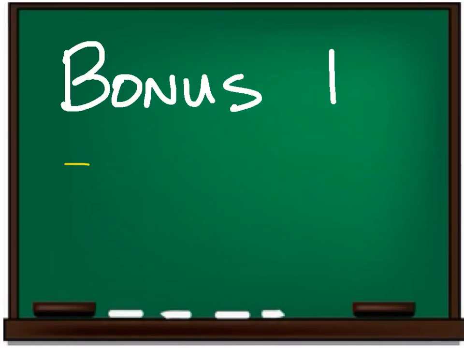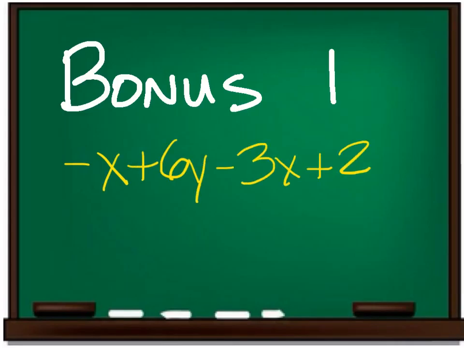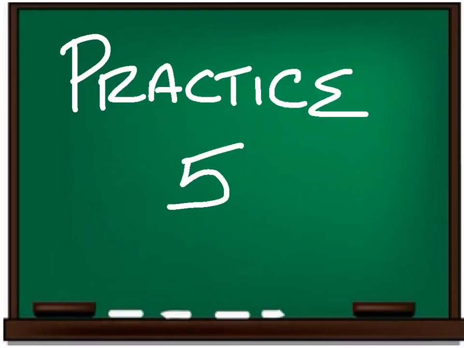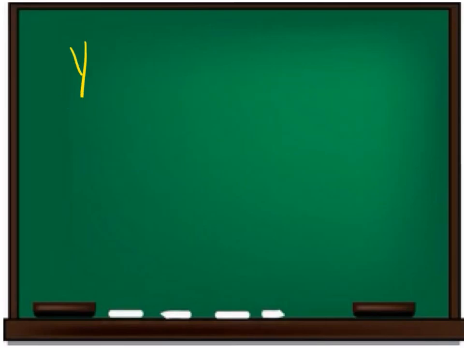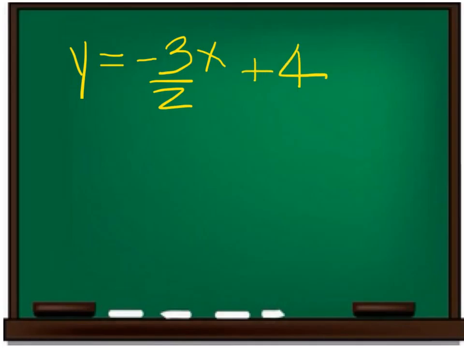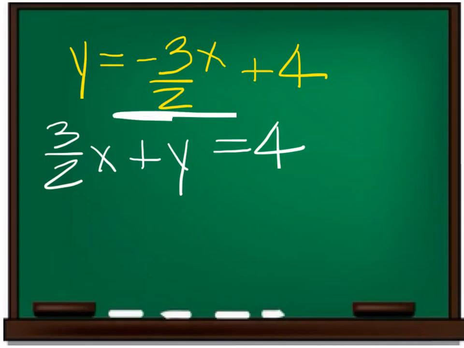On the practice problem, you should have 3/2 x plus y equals 4 when you move the x term, and then multiply everything by 2 to cancel out with that 2 there.